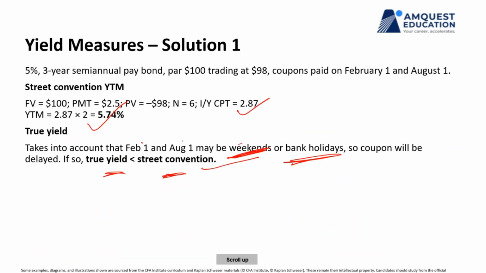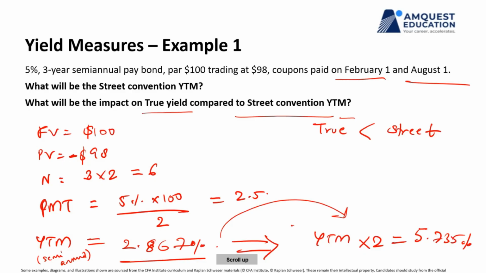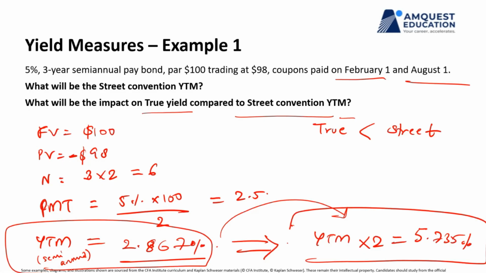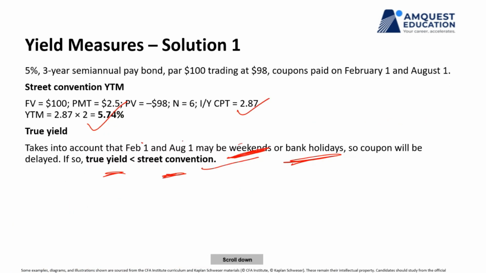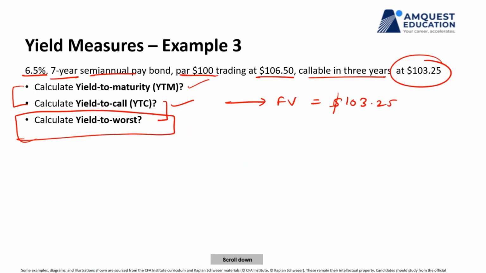We just talked about this, that if you get a semi-annual YTM, that semi-annual YTM should be multiplied by 2 to conclude. So if you're getting 2.9, I don't know whether that is right or not, but I think that should be multiplied by 2 to get to a number. I just said YTM is 5.78, sir. Okay, let me just try.